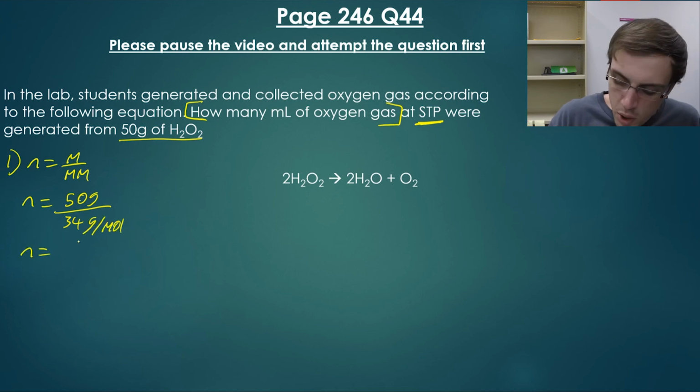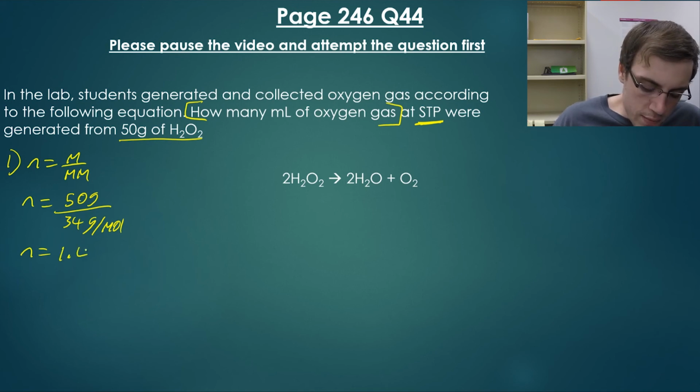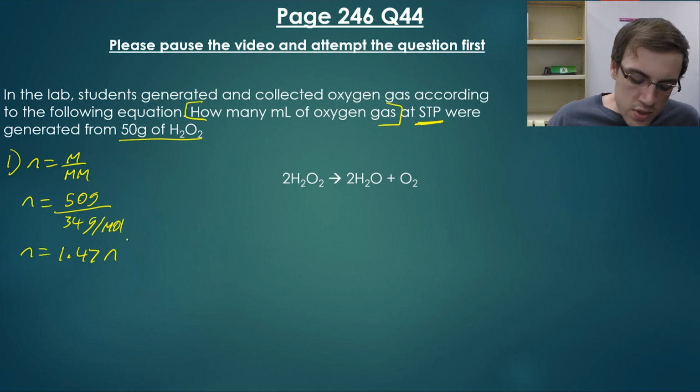So moles is going to equal 1.47 moles. The big thing here is that it's asking how many milliliters of oxygen gas are going to be generated, but we are given the mass of H2O2.